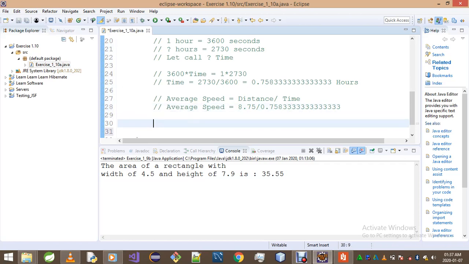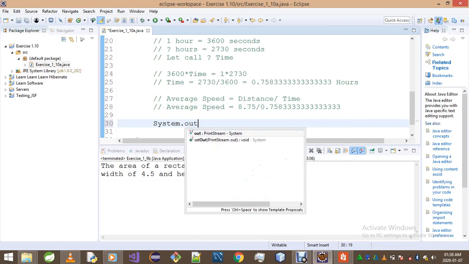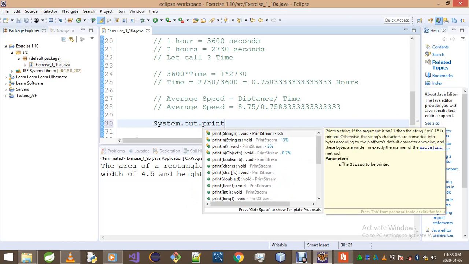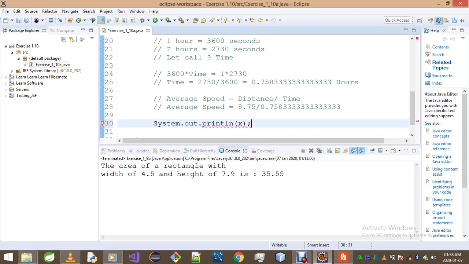What we want to do now is to simply print it out. So it's going to be system dot out dot print, let's just go simple solution first. The simple solution, oh, by the way, this is in miles per hour.